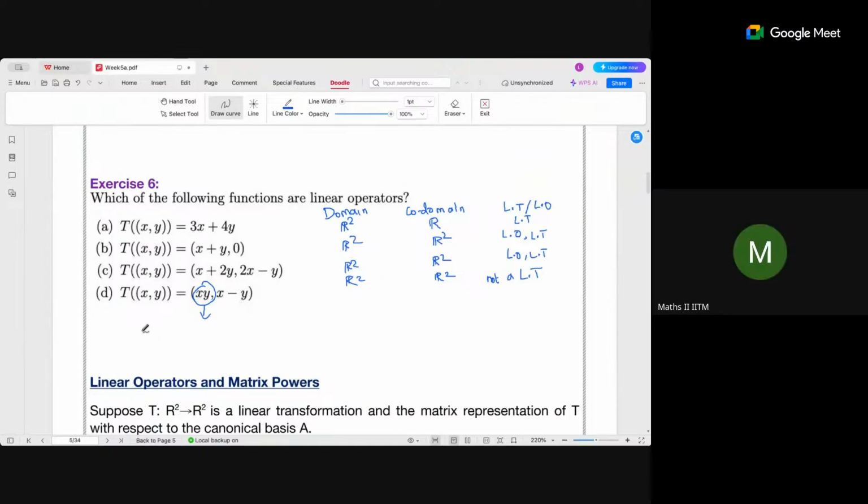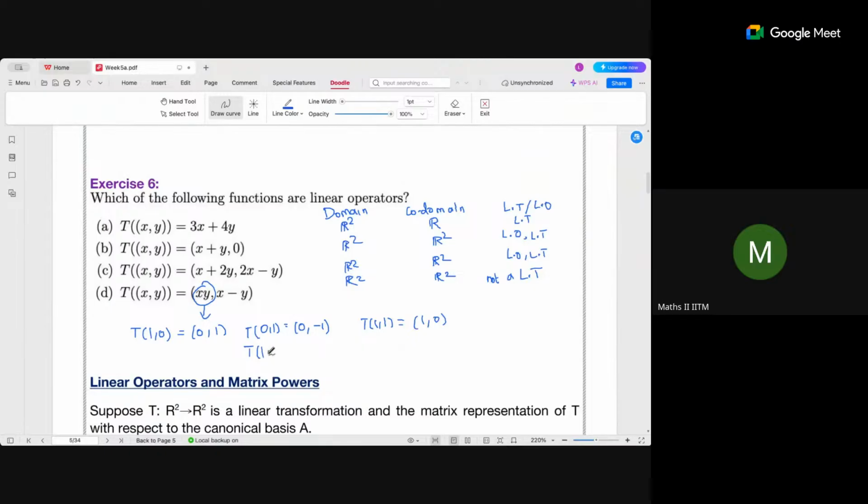So let us check T of 1 0. What is T of 1 0? 0 comma 1. What is T of 0 1? 0 comma minus 1. Okay. What is T of 1 comma 1? 1 comma 0.